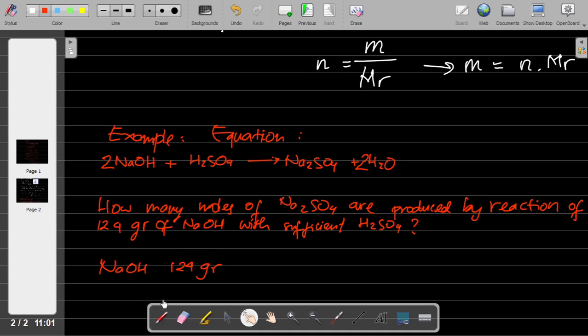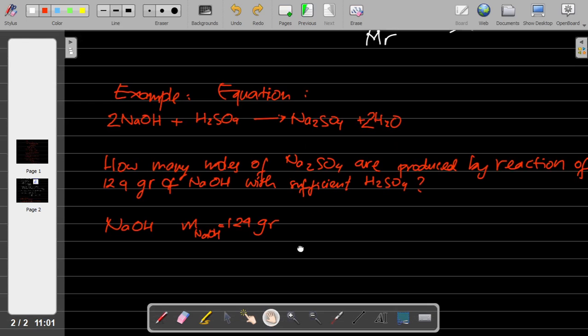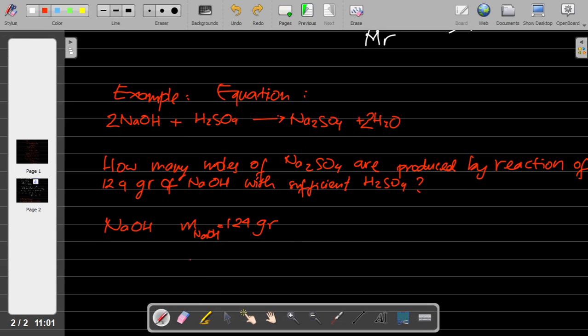So we have the mass of NaOH, this number, and then we have to find the molar mass of NaOH.